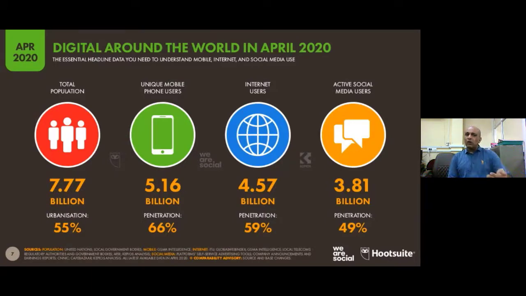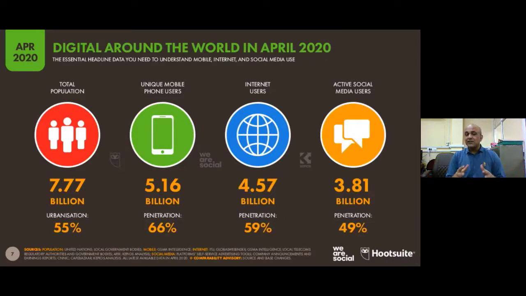Of 7.7 billion, you have 5.6 billion, that is 66% of the population, who use mobile phones. Internet users come to about 4.57 billion, 60% of the world population. And active social media users are at about 3.81 billion.